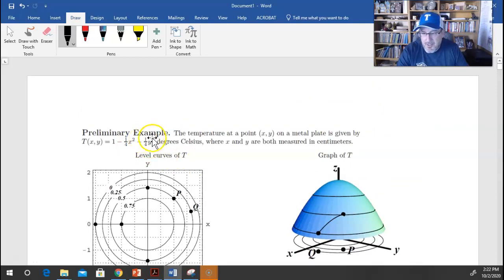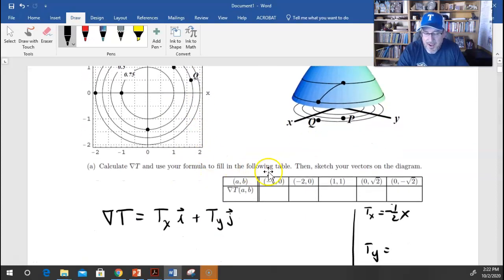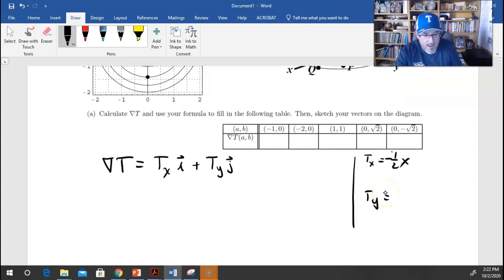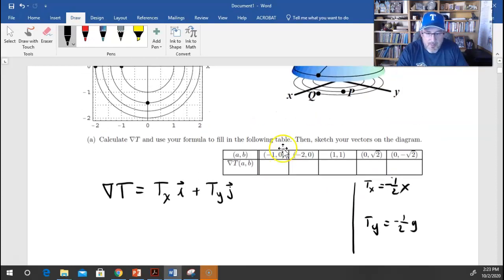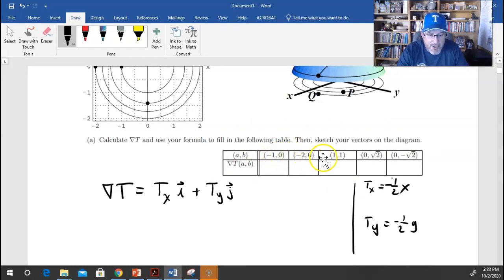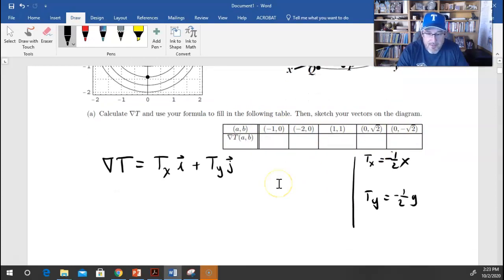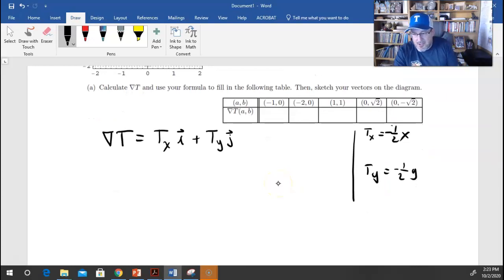So 2 out front, decrease by 1, also negative a half y, the partial derivative with respect to y. Now notice we're supposed to compute this gradient vector at a bunch of different points on this metal plate. And so let's first get it done generically here. The partial derivative with respect to x, negative a half x, i, plus negative a half y, j.